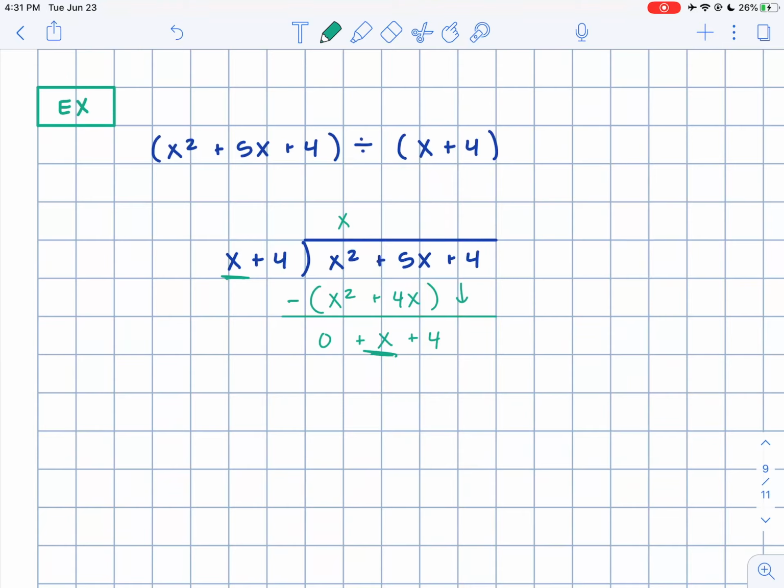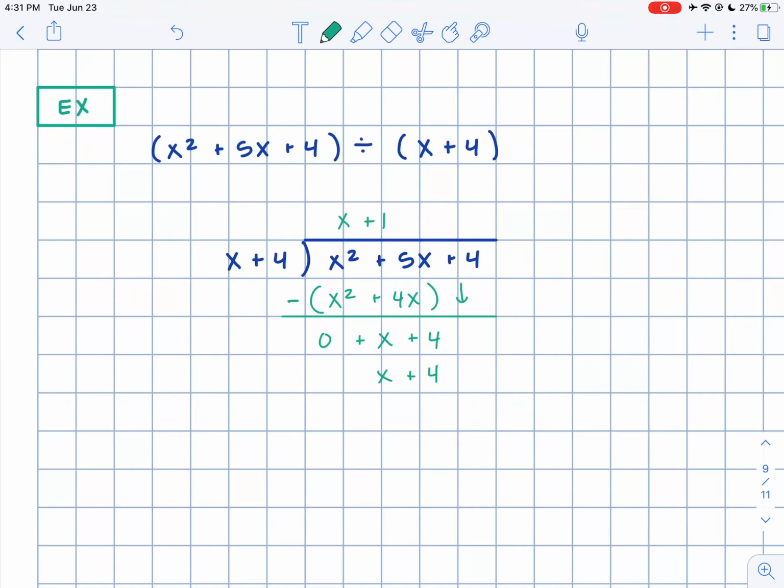Or what times what? X times what will give us x? Well, that's plus 1. Okay, and same thing, we take this plus 1 and distribute it. Okay, so 1 times x is just x.